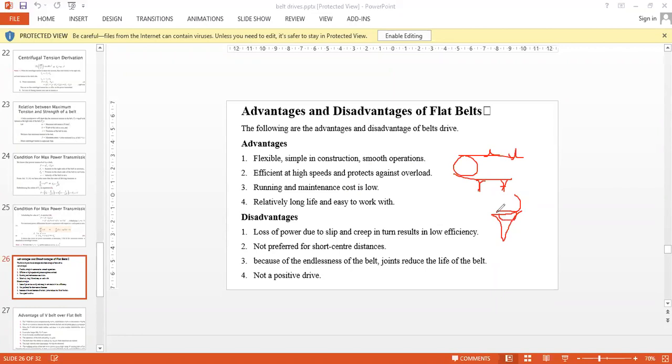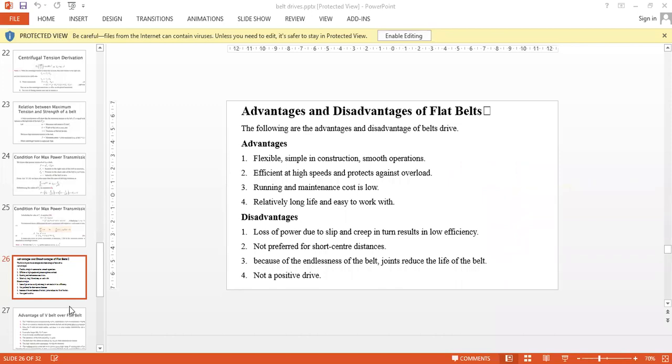Thereby there is more power loss, so the number of joints should be less, otherwise there is going to be less power transmission. So these are some of the advantages and disadvantages of flat belt drive.